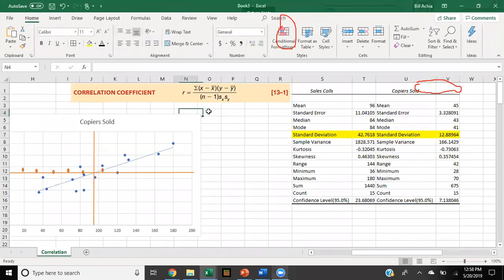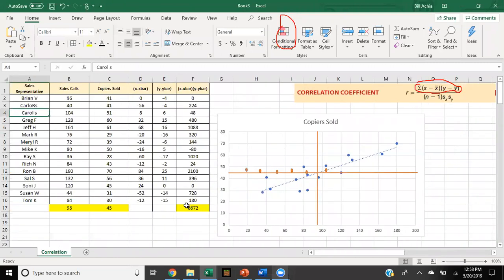Okay, so I'll come back this way. And now let's finish up calculating our R. So we're interested in R equals, and I'm going to use the formula we have up here, which equals 6672. And I'm going to divide that by our n minus 1.